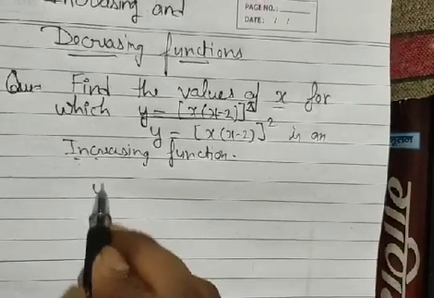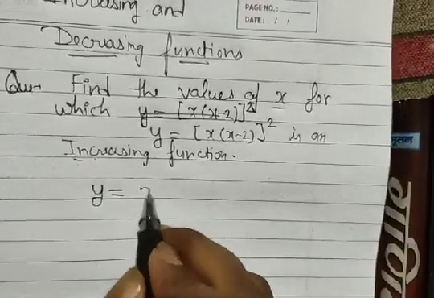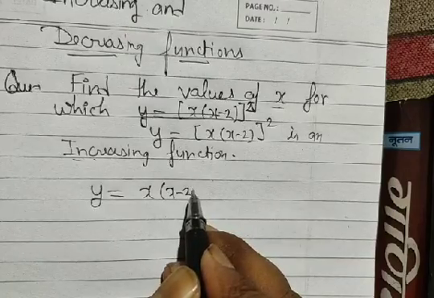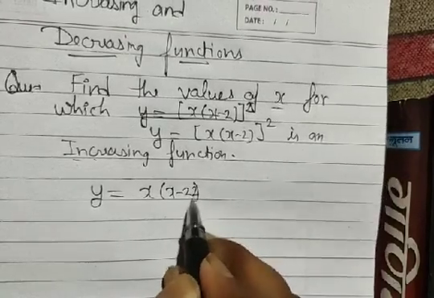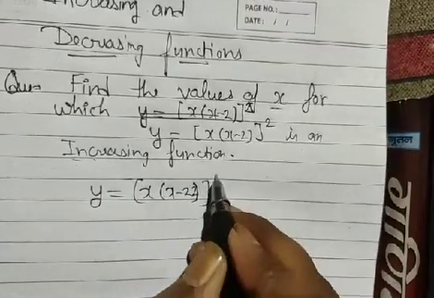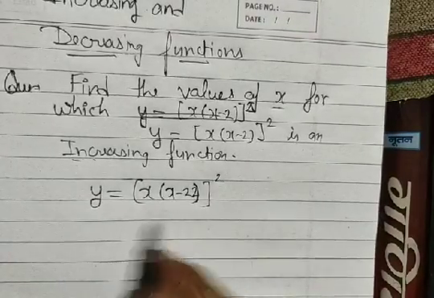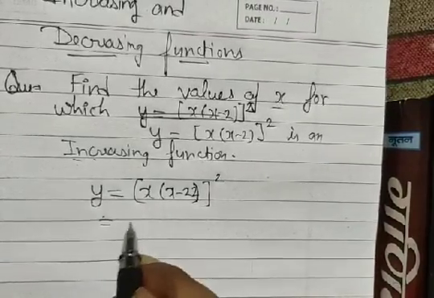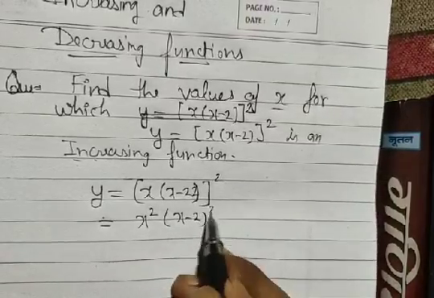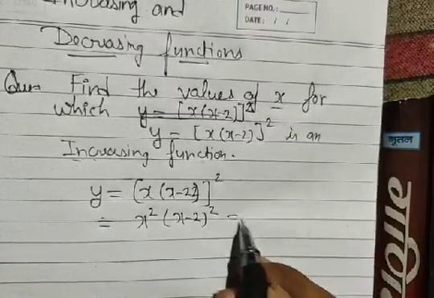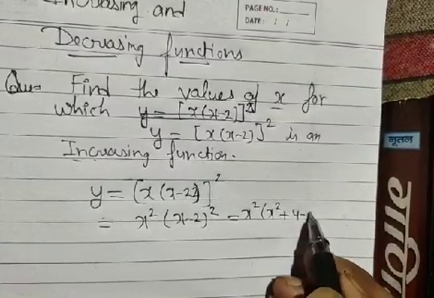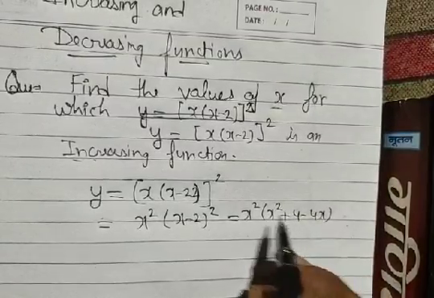Now the function is y equal to (x minus 2) whole square. First we expand it: x square and (x minus 2) whole square, which gives x square plus 4 minus 4x.